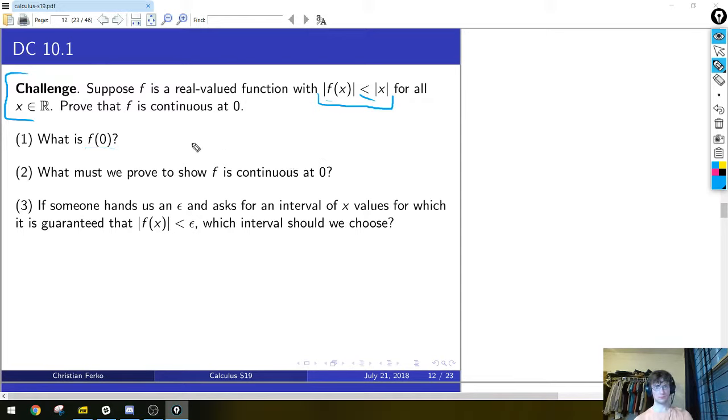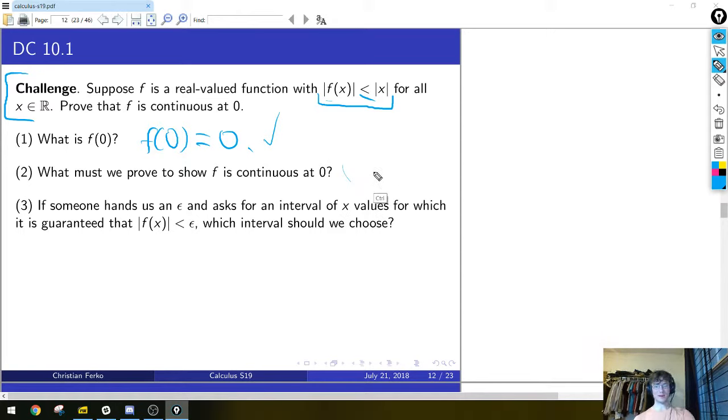F of x equals x at 0? Yeah, so at 0 in particular, let me be more explicit. What is f of 0 then? 0. Yes, good. So that's the first part.